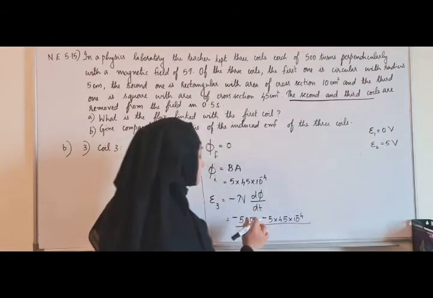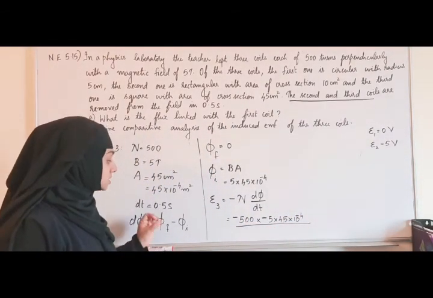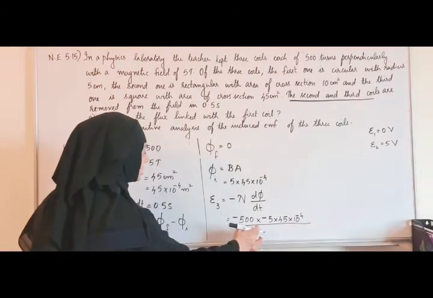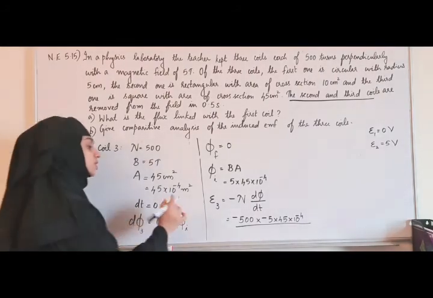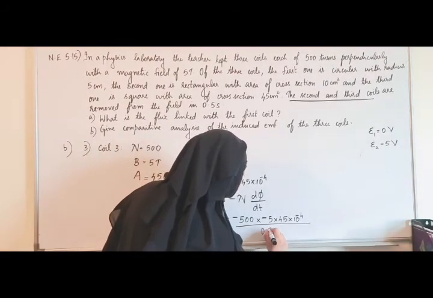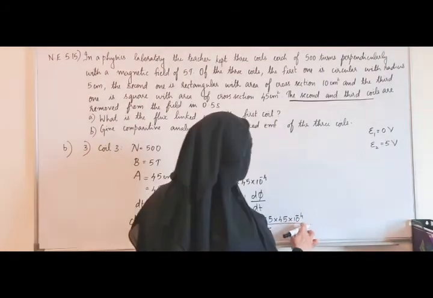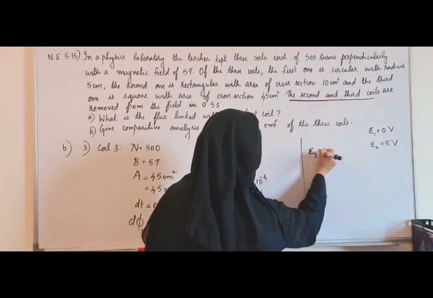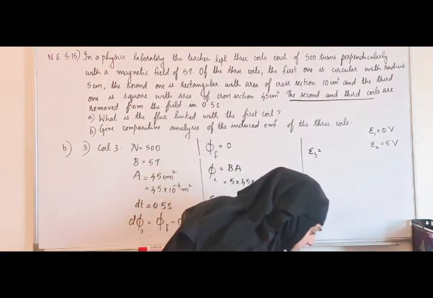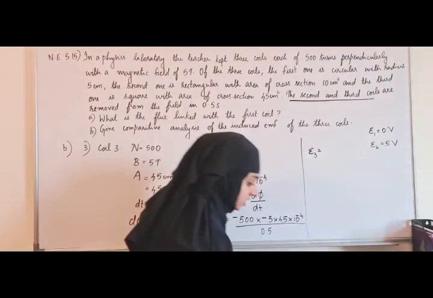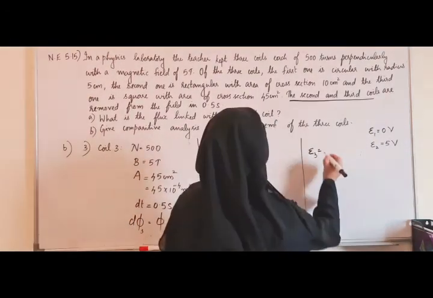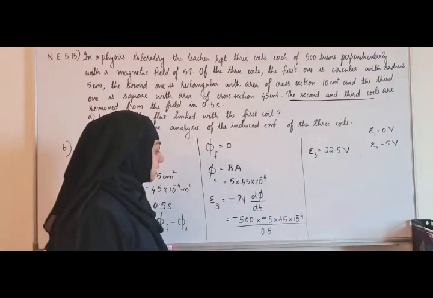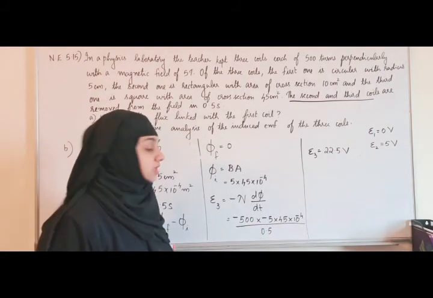We got a minus sign here because it is 0 minus this value. Now dt is equal to 0.5 seconds. So if we substitute all these values, we will get the final value as equal to, let me see the calculation, you can do it for yourself. It will be 22.5 volt. Minus times minus will get cancelled.